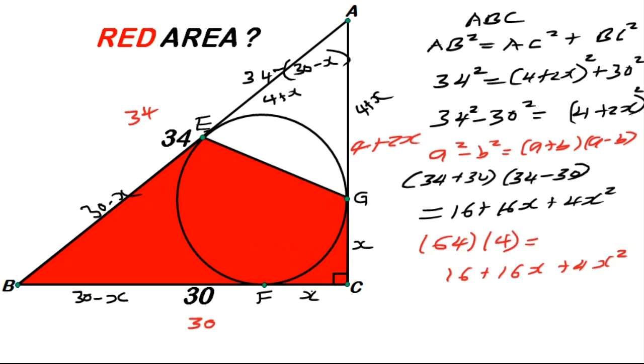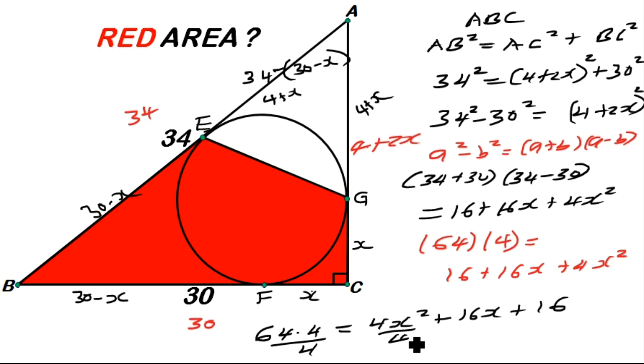So what do we have? On this side of the equation, we have 64 times 4 is equal to 4x squared plus 16x plus 16. We can divide all through by 4, it's a common factor.